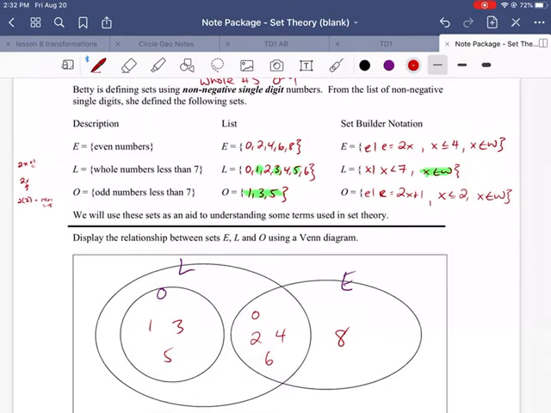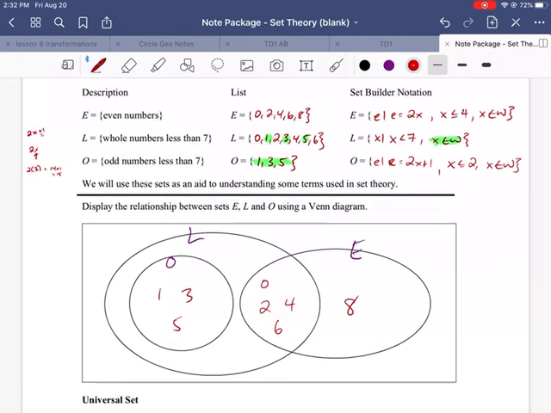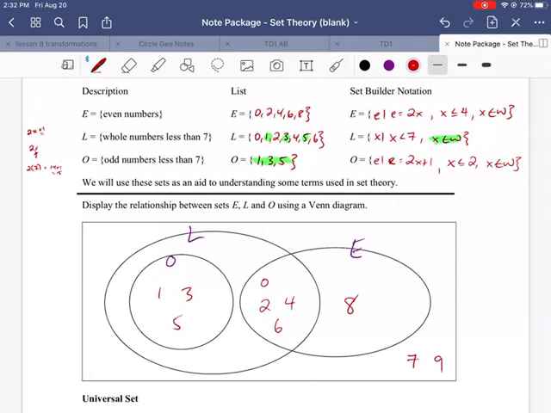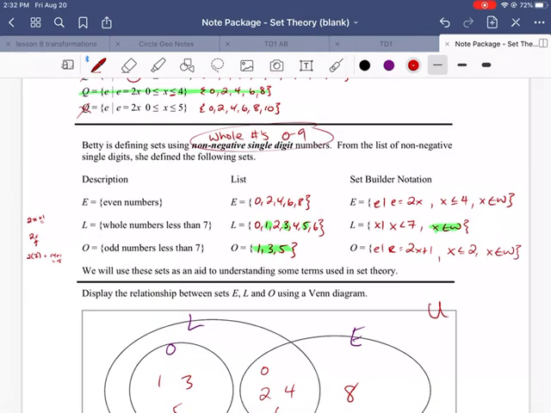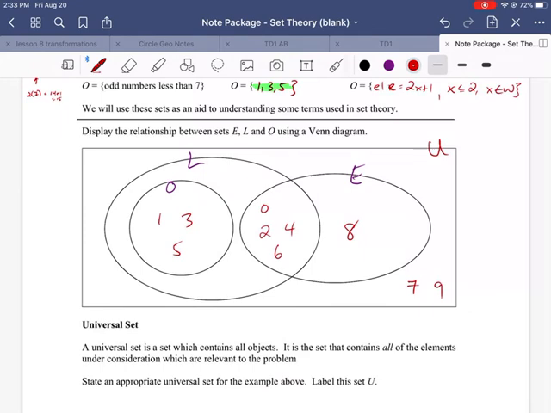So if we go back to our original options, there's two numbers that have not been placed in either set, and those numbers are 7 and 9. They are part of the universal set, the whole numbers 0 to 9 that we were dealing with first, but they weren't in E, L, or O. So we just have to place them outside of the circles but inside the box.